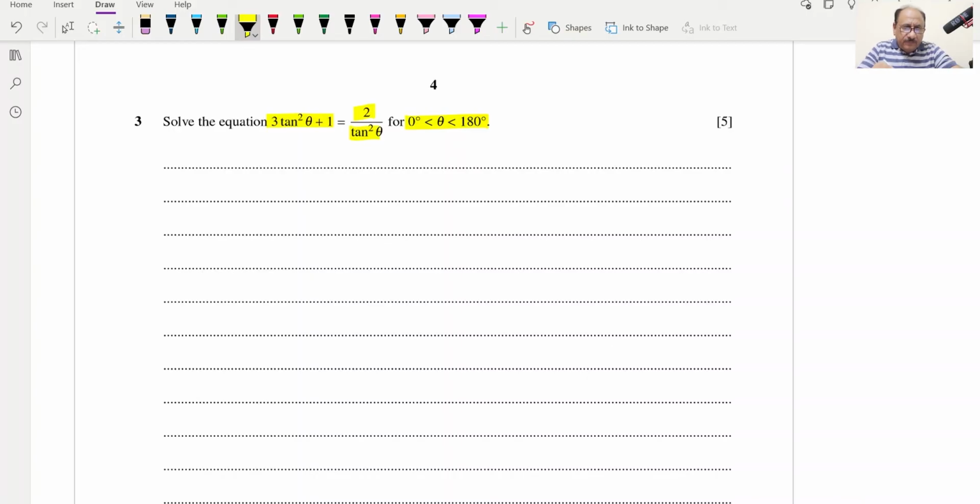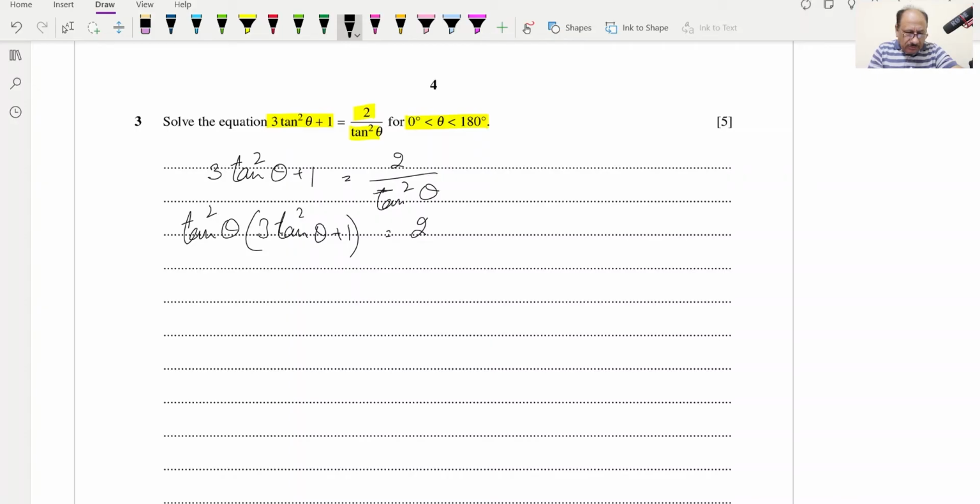We can take this equation, and to get rid of this denominator, we will shift the denominator tan squared theta to the other side, so it will multiply: tan squared theta into (3 tan squared theta plus 1) is equal to 2.